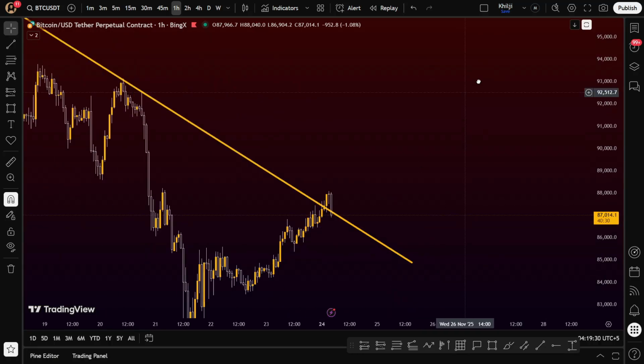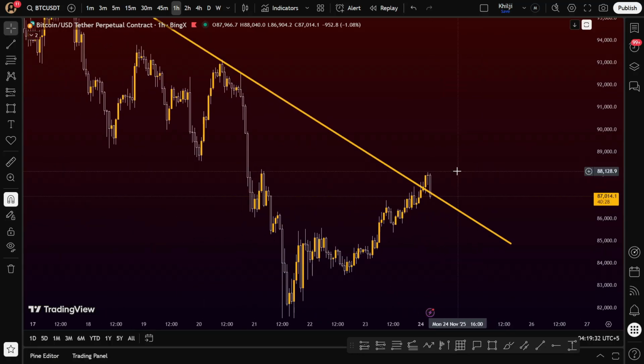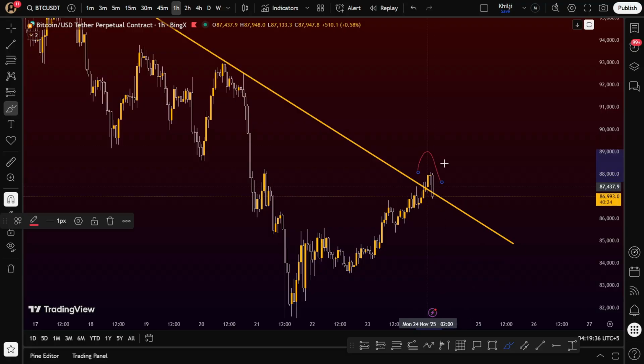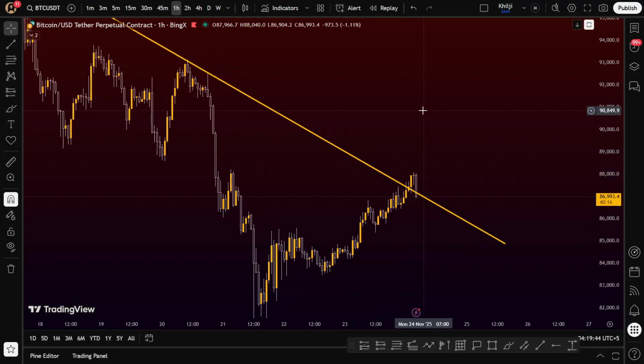Now, remember that there are also deviations. It's not always a clean breakout, but sometimes you could potentially see a breakout and then price just rejects off of that.